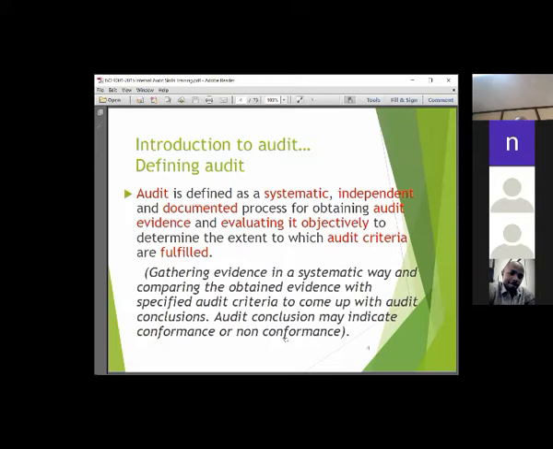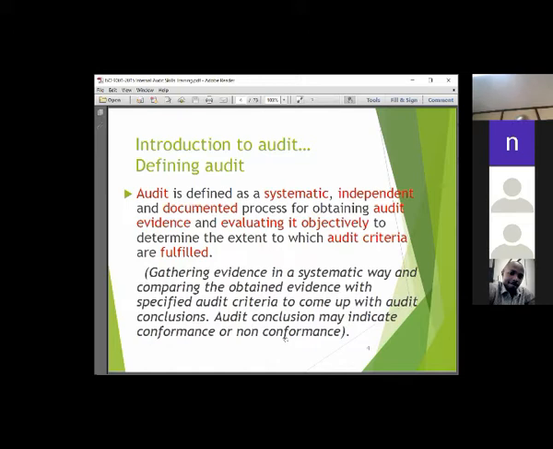And you can gather evidence through many means, maybe by asking questions or reading or going through some of those documents. And you do it in a systematic way. Then you compare the evidence that you have obtained with the specific audit criteria. So on one side, you have the evidence, on the other side, you have the criteria that you are comparing against. And we'll define those terms later on.